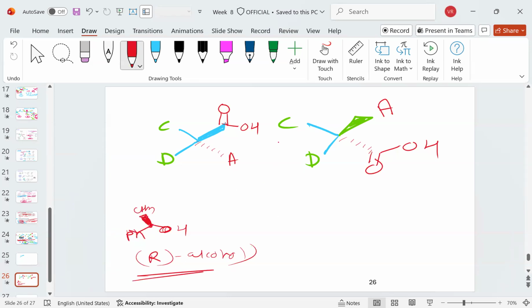What I can do, this is present in the form of a mixture, right? These are the enantiomers. At this stage they are enantiomers, and we know enantiomers are inseparable by column chromatography because there is no Rf difference for these two enantiomers.